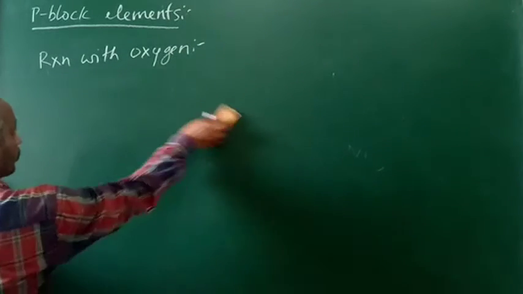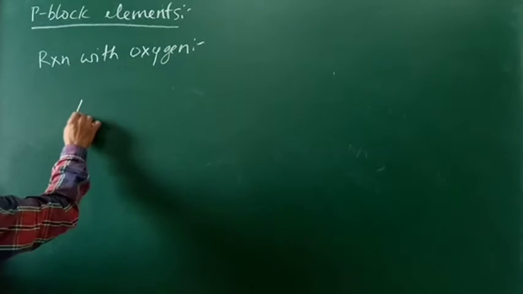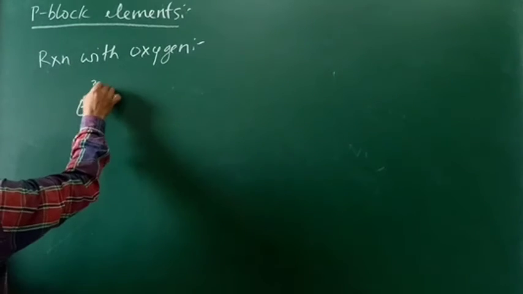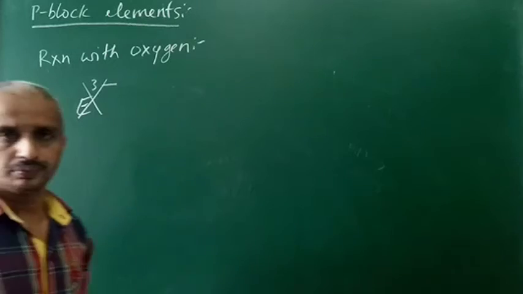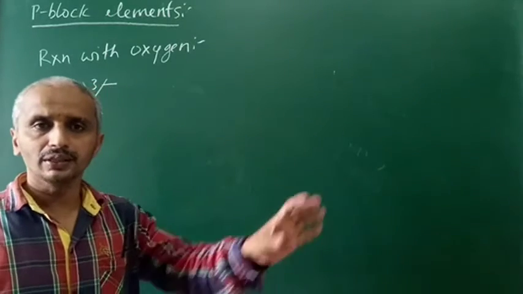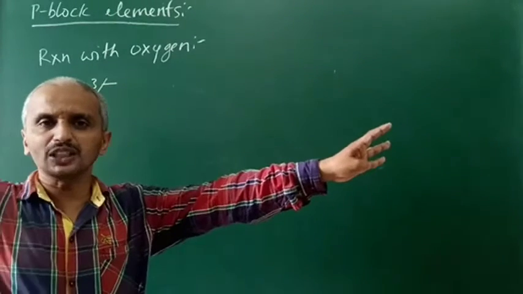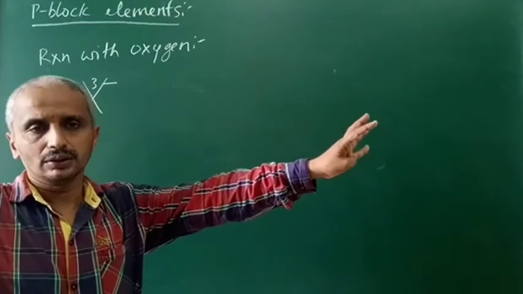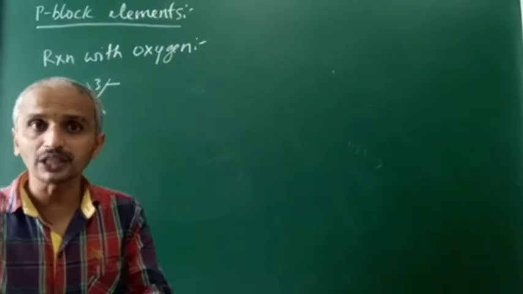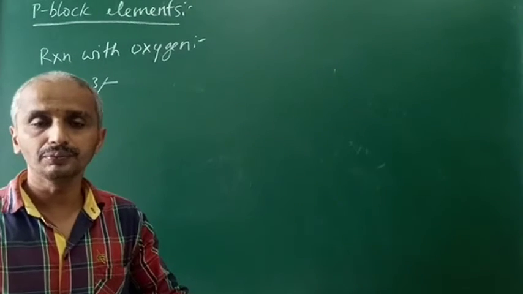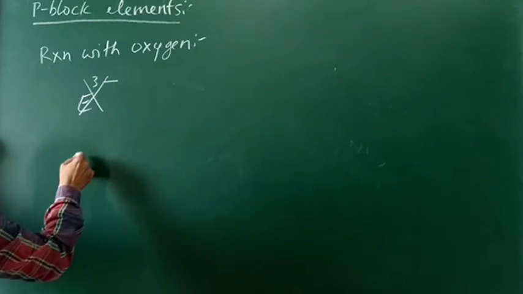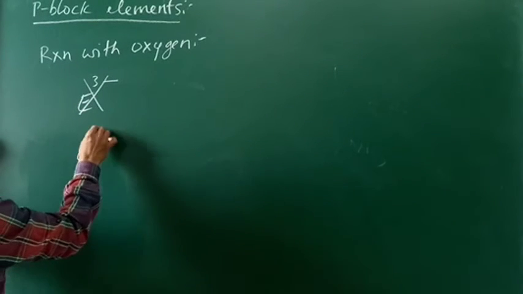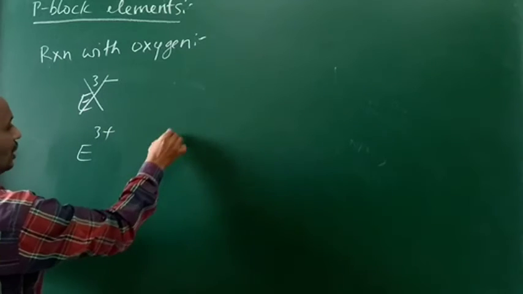Now, E with a -3 oxidation state is ruled out, because for 15 group elements the chances are -3 to +5. Down the group, +5 is not favorable because of the inert pair effect. So E3 minus is ruled out; the chances are E3 plus and E5 plus.